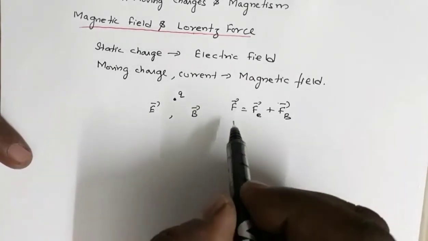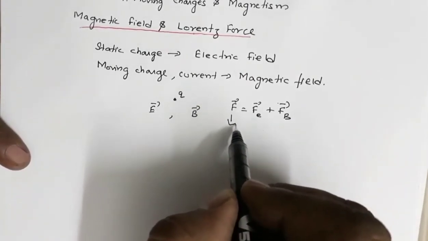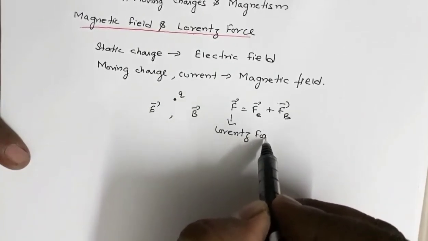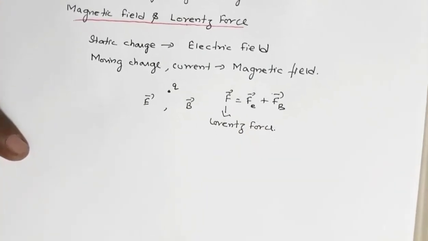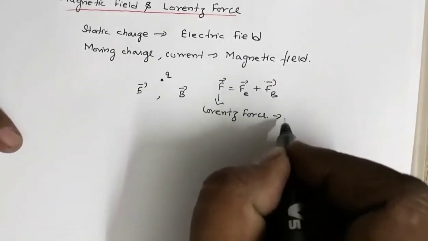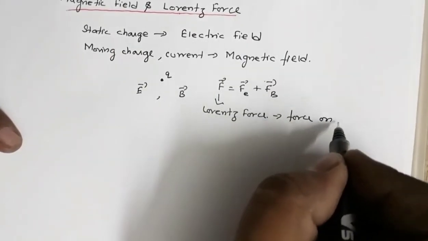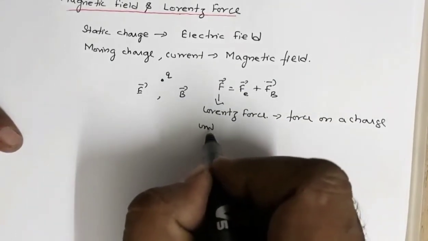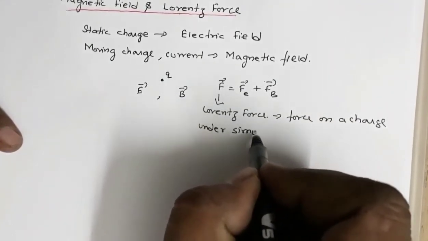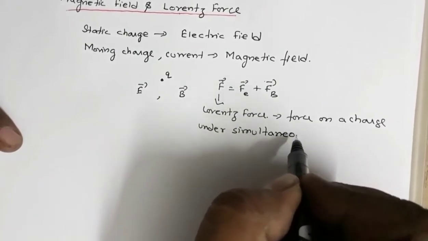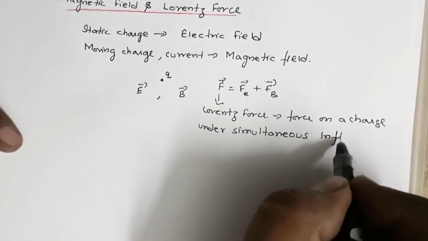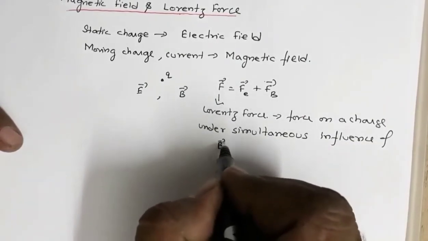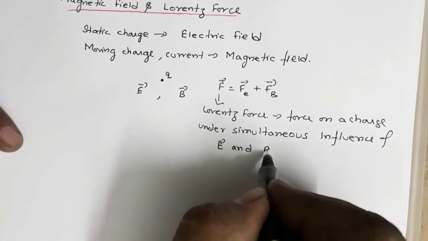So this force is called the Lorentz force. Lorentz force is basically the force on a charge under simultaneous influence of electric field and magnetic field.